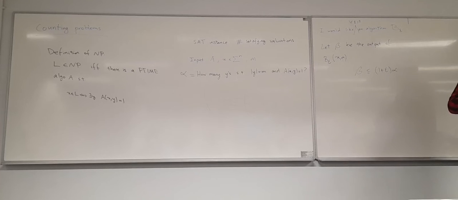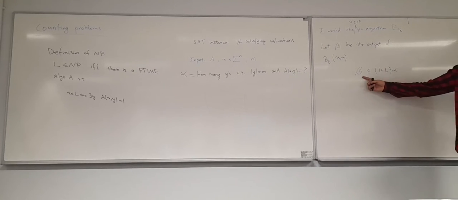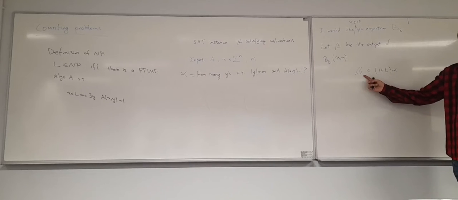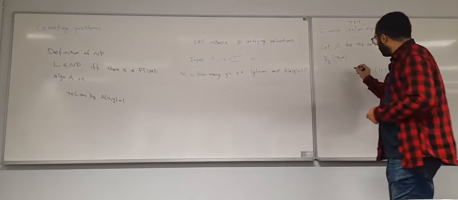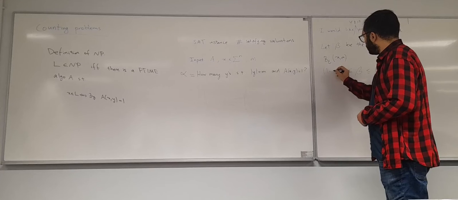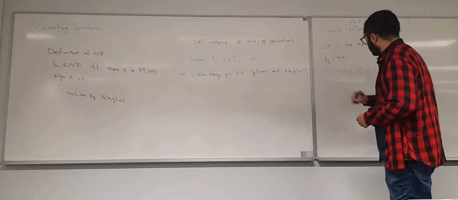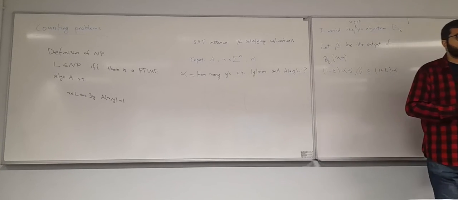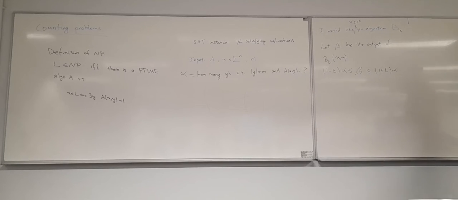I want to have an approximation. But on the other hand, I don't want it to be too small, because then I can just output 0 all the time. So I want this to also be greater than or equal to 1 minus epsilon times alpha. Okay? So until this point, I'm just talking about basically an approximation scheme.